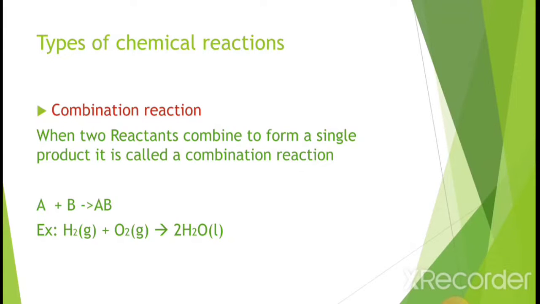Here it is missing. It should be 2 in the hydrogen place also. But here I have written symbols. Hydrogen is gaseous form, oxygen is gaseous form, and water is liquid form.